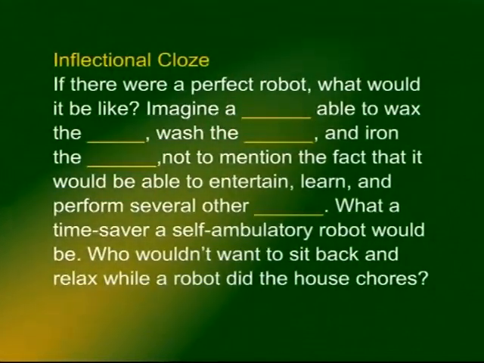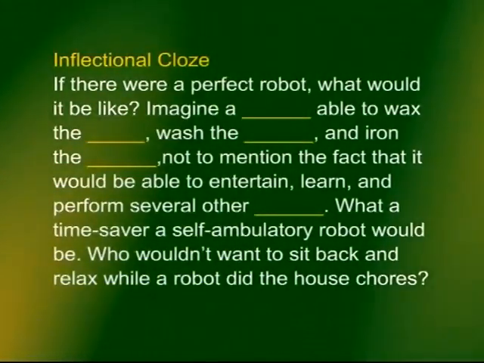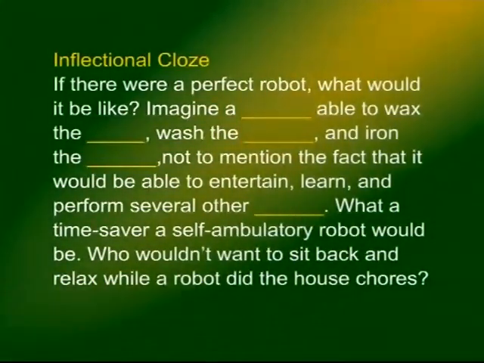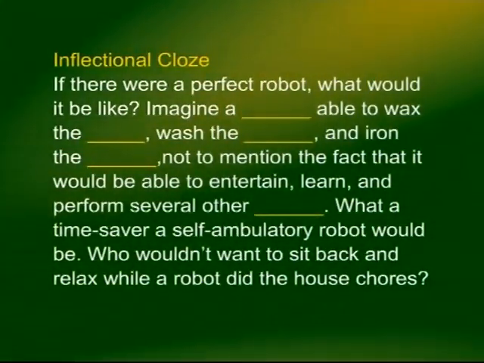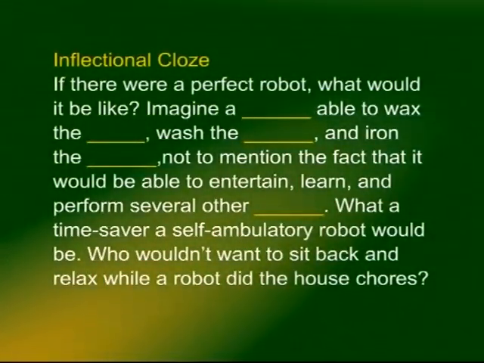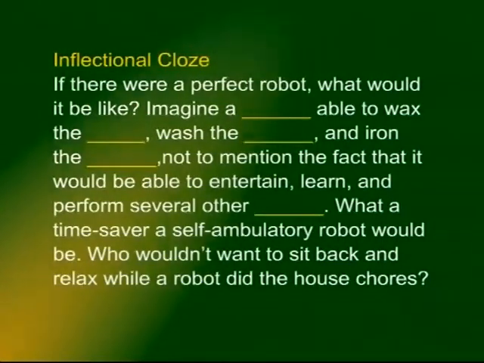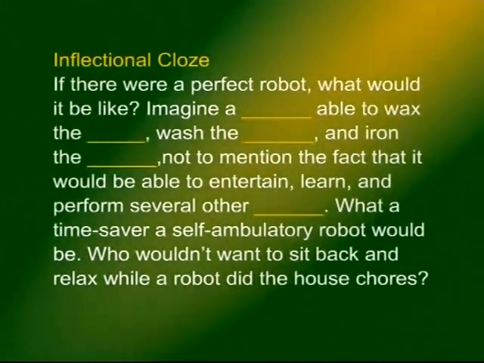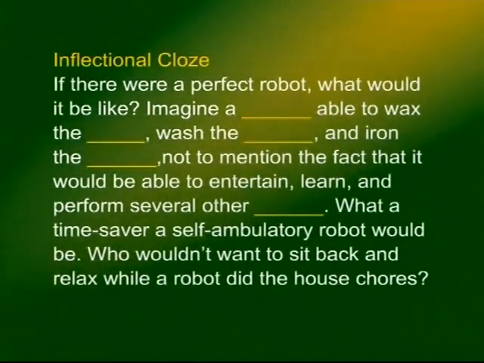Grammar books usually deal with sentences, but the same thing can be presented in a connected longer passage. And in this type of cloze, it's the endings of words that are deleted. Examples such as the plural endings.